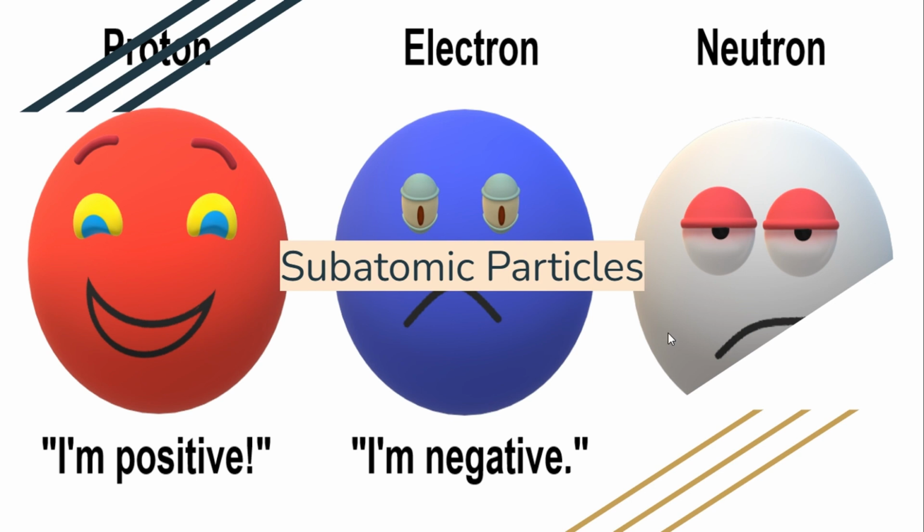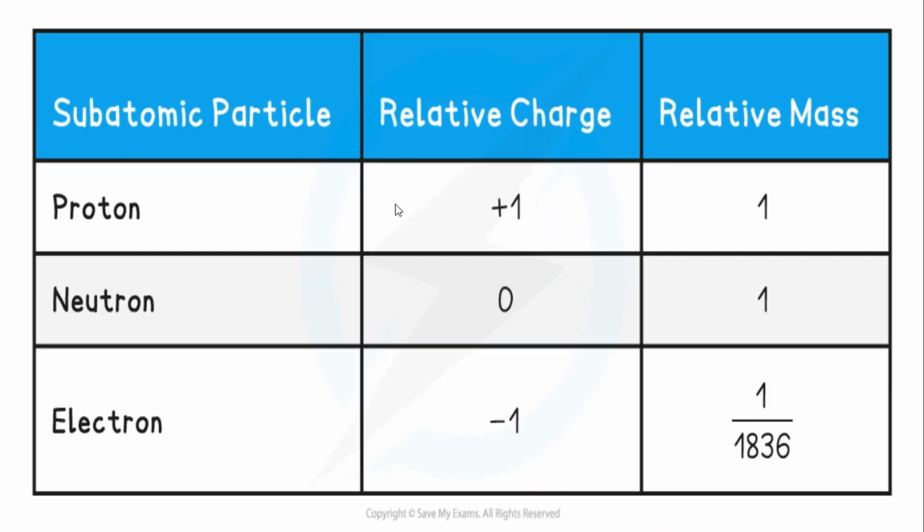Protons and neutrons have a similar mass, so each one is assigned a relative mass of around 1. Electrons have a 1,836 times smaller mass than a proton and a neutron. I'll just show you a table. We said they've got a 1,836 times smaller mass than protons and neutrons, and so their mass is often described as negligible.